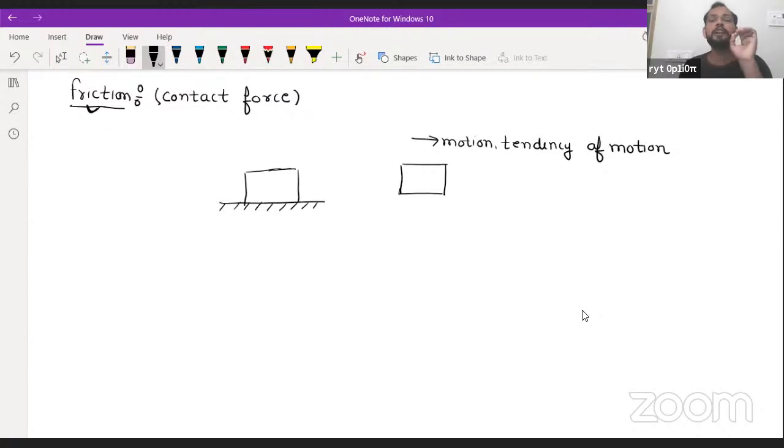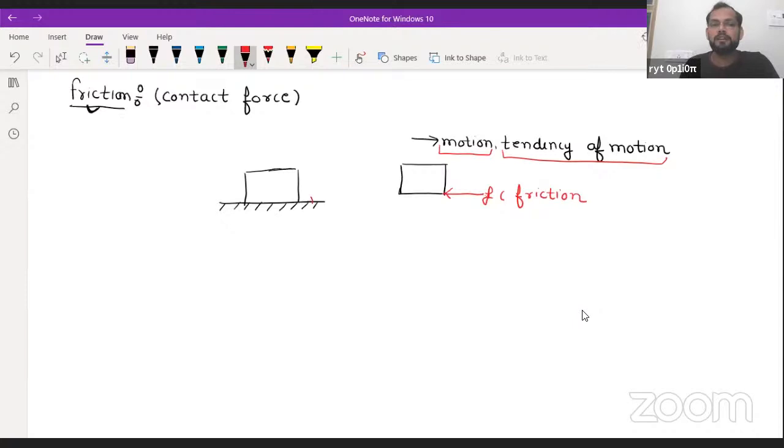So friction will come into the picture when the body is either in motion or has the tendency of motion. In that condition, due to the surface, a resistance force is developed at the contact surface, and this resistance force is known as the friction force.